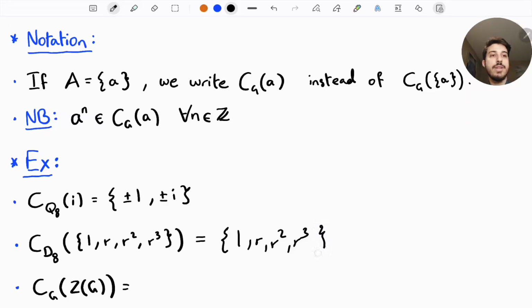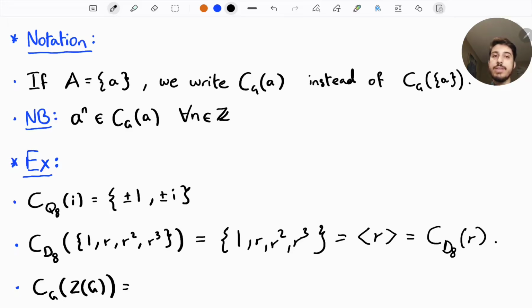And we can simply say this is equal to the set generated by r, because all of these are multiples of r, and this can be written as C_D8(r). In other words, the centralizer of r in D8 is equal to the centralizer of the whole set generated by r in D8.